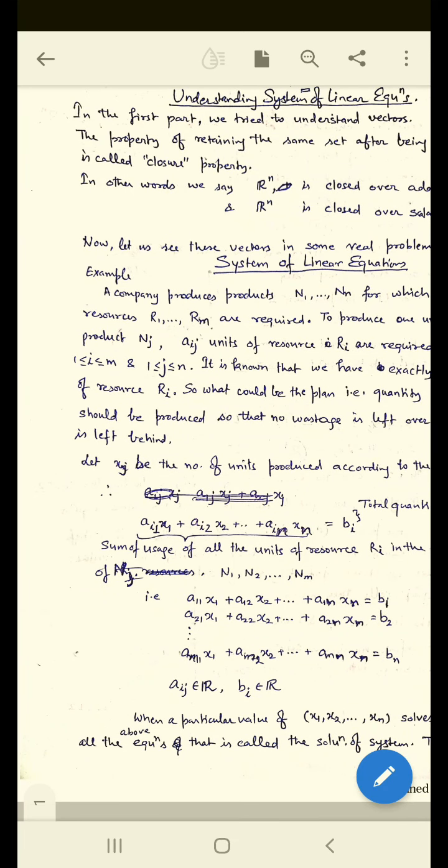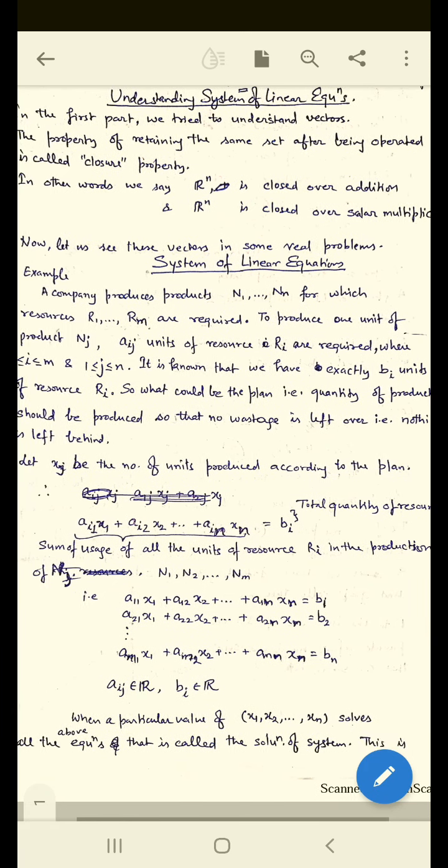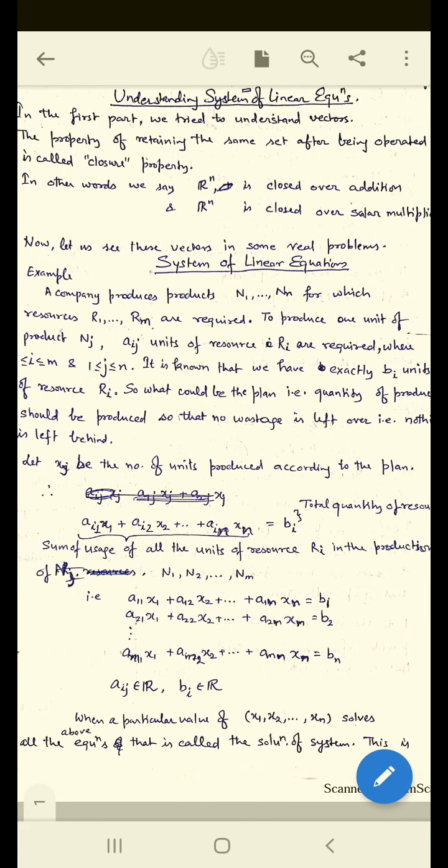Now we are going to look at the real usage of vectors, the first being the system of linear equations. What is a system of linear equations? Let's figure it out with a real example. Suppose a particular company produces some products.